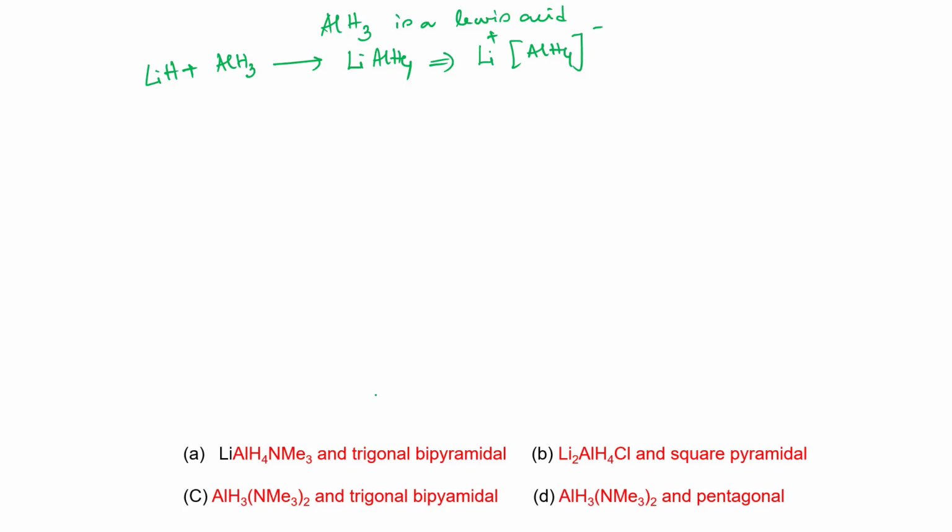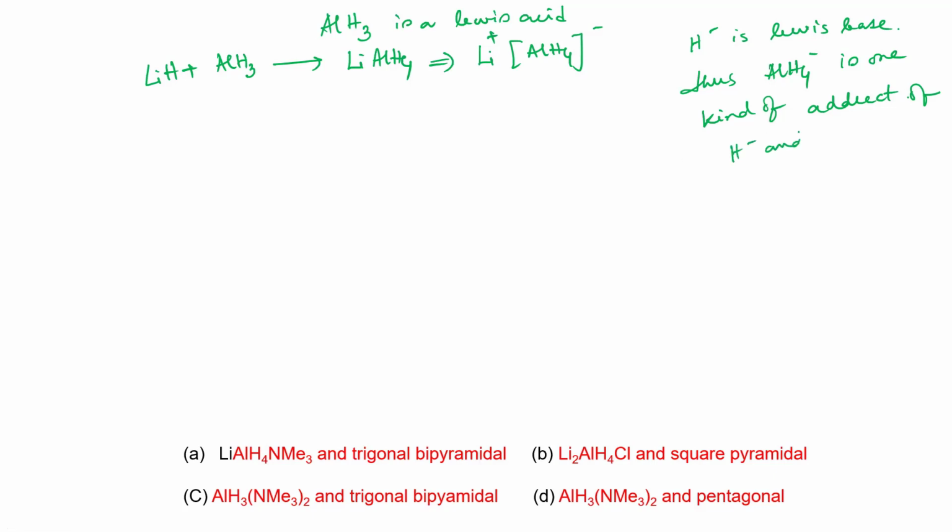Now we all know that hydride is a Lewis base, thus AlH4- is one kind of adduct of H- and AlH3.